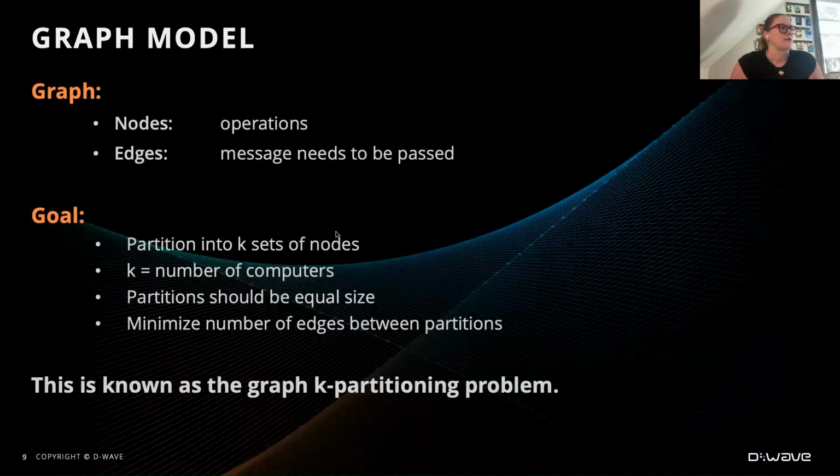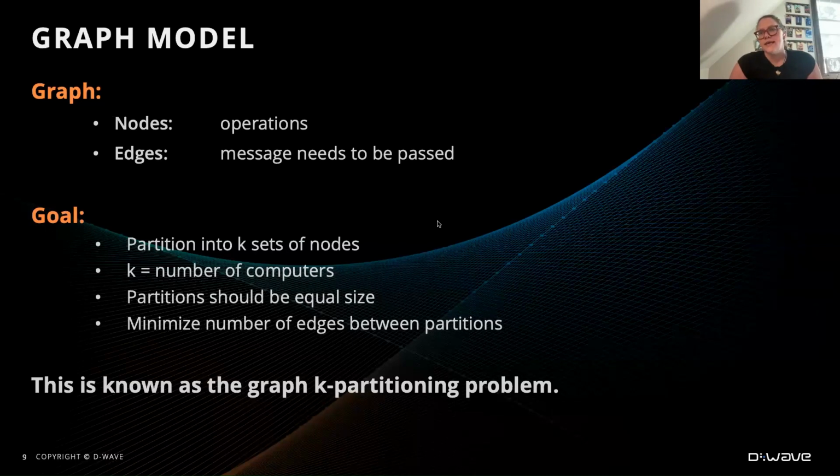And this can be modeled as a graph K partitioning problem, where in our graph, our nodes represent operations that are going to be completed, and the edges represent messages that need to be passed between computers, or between those two operations, so dependencies in the operations.